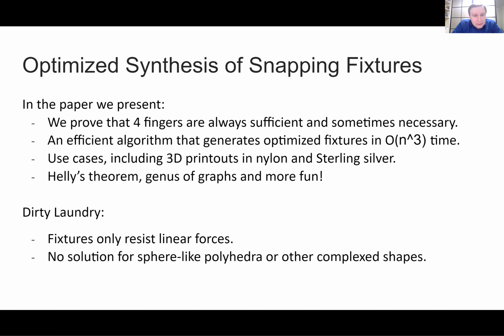We actually had an example of a polyhedra-like torus, and we also tried to minimize the number of fingers. We can use another optimization function afterwards, that might be the volume of the fixture or the best grip or something like that. But the first optimization function is the number of fingers.